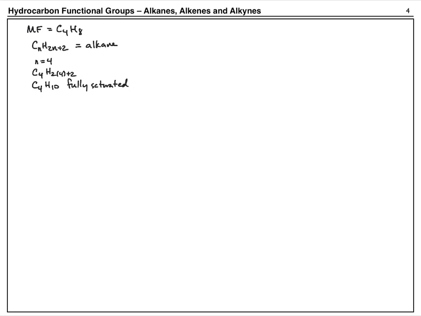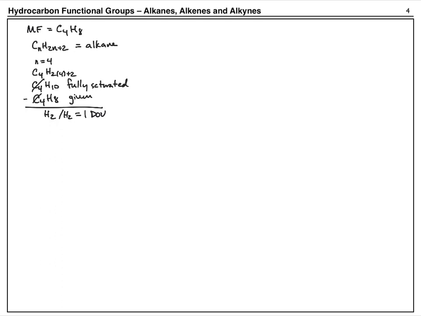So we take our given molecular formula and we subtract that out. So the C4s will cancel each other out. And now we're left with H2, so 10 minus 8 is H2. 1 degree of unsaturation is an equivalent of H2, so that gets us 1 degree of unsaturation.